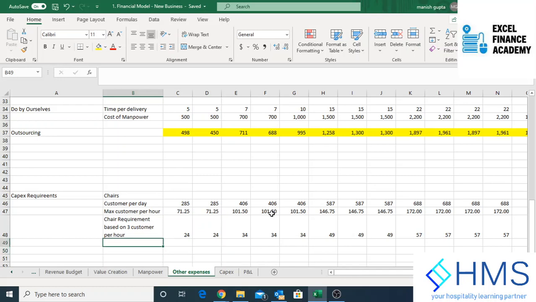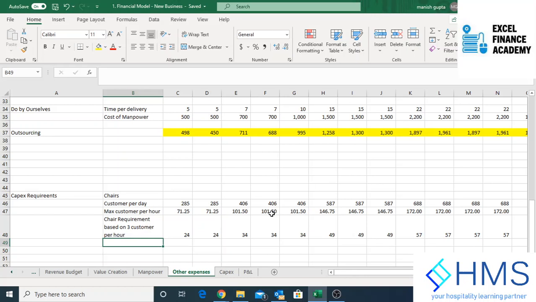So let's say on average you're going to put 2 or 3 chairs per table. Some may be 2, some 3, some 4, some 6, but on average it turns out to be 3, right?